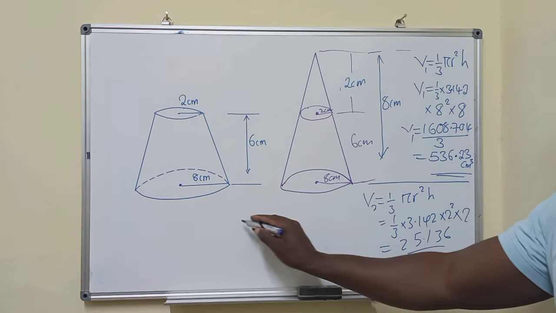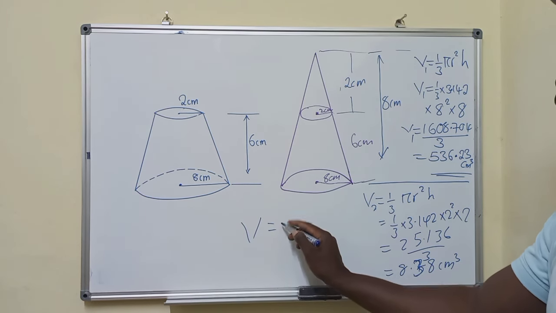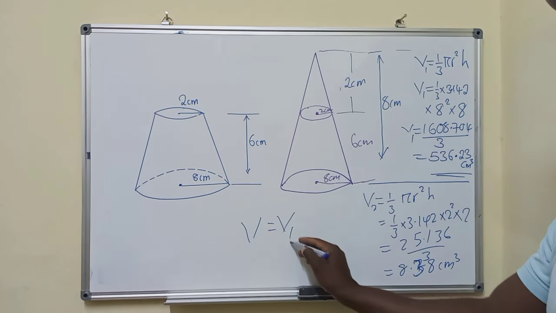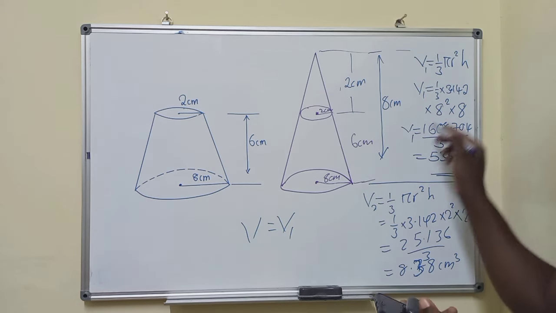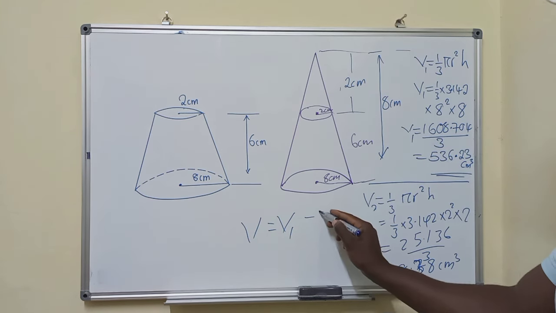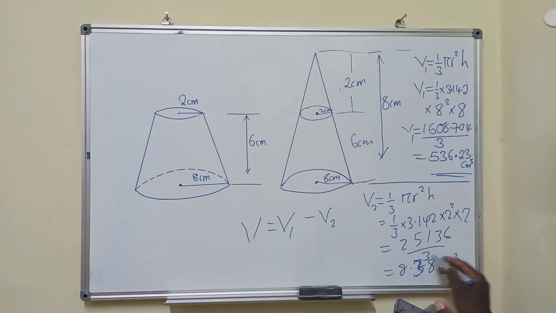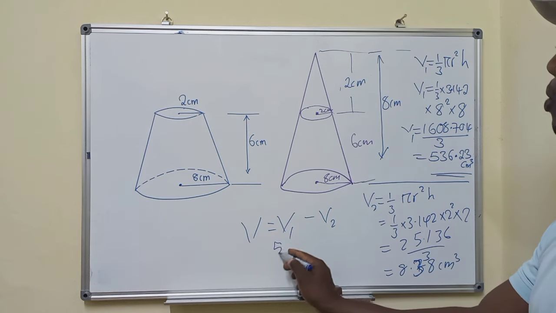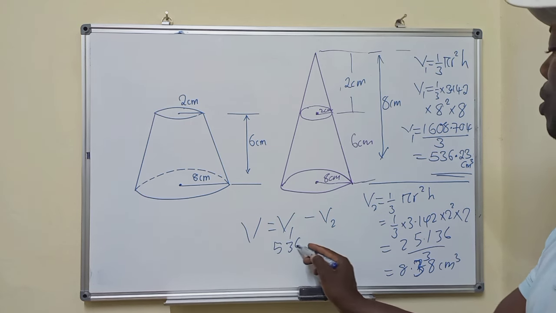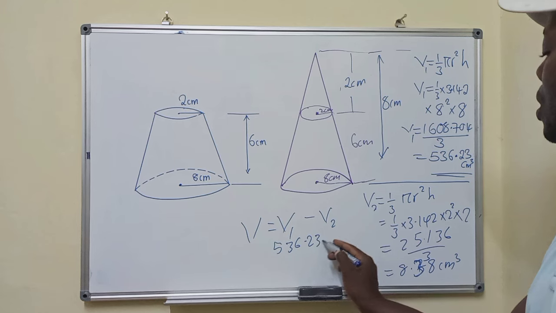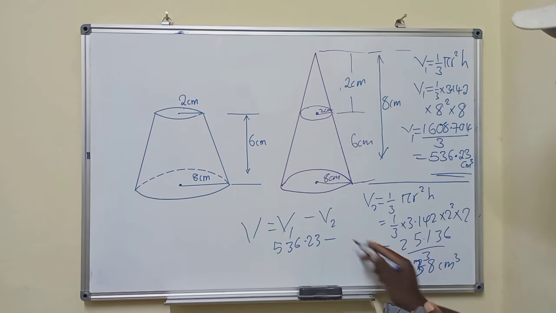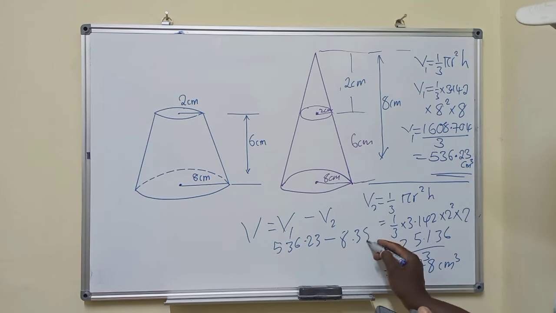So now my final answer will be: get the volume 1, the volume of the bigger cone, minus the volume of the smaller cone, which is right here. So it will be 536.23 minus, I've just gotten this, minus 8.38.